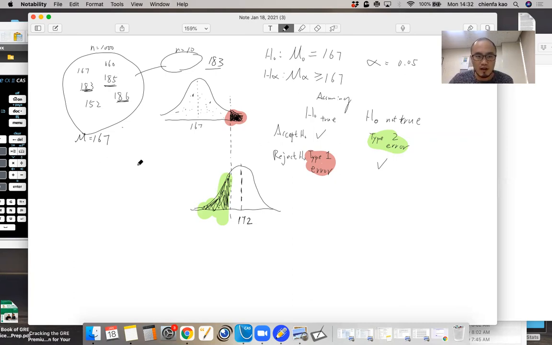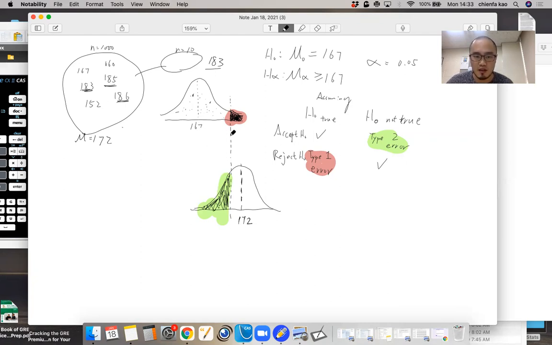Let's say that in this second scenario it's the same KIS, but the population average is not 167. It is 172, for example. That is our KIS average, 172 over here. But we still assume that it was 167.